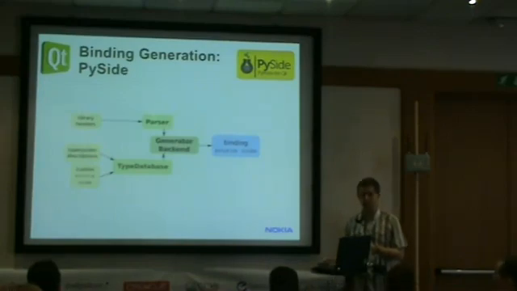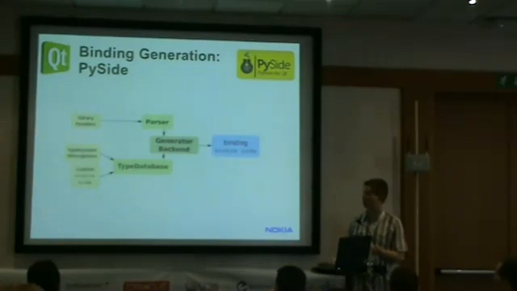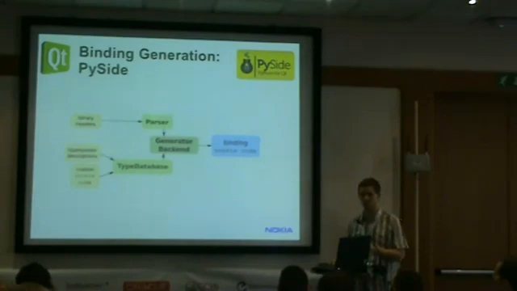In some cases, for example where we need to deal with pointers, we also need some custom glue code. The library headers are parsed, and the other data makes up a type database, which is then fed to our generator backend, which generates direct CPython source code.